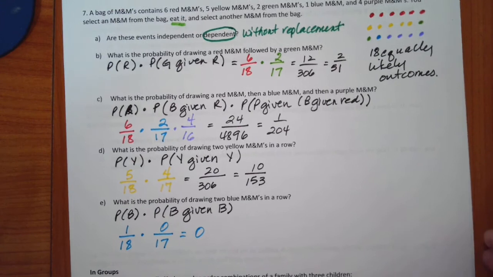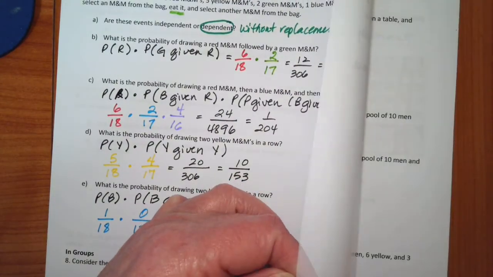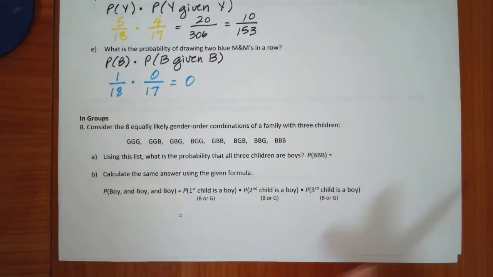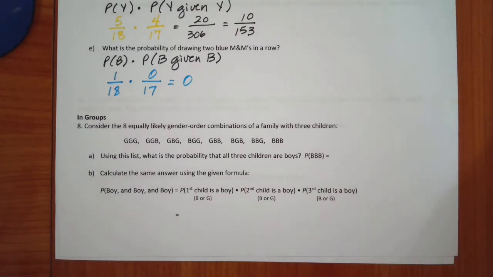Okay, let's do some more practice. All right, so let's consider the 8 equally likely gender order combinations of a family with 3 kids. We've worked with this before. You can have either 3 girls, 2 girls, 1 girl, or no girls, and same thing with boys.